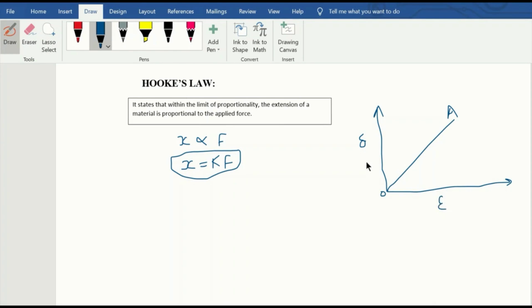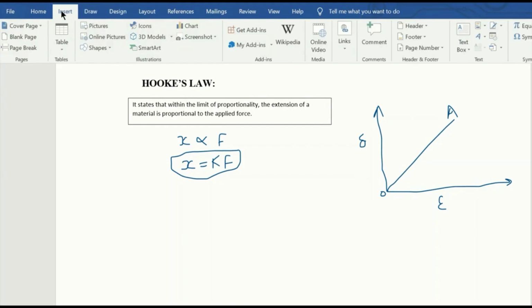Here we are seeing that as the stress is increased, the strain is increased. So this is a law that we can use to solve questions that involve Young modulus.